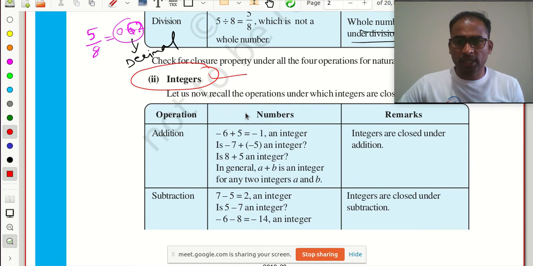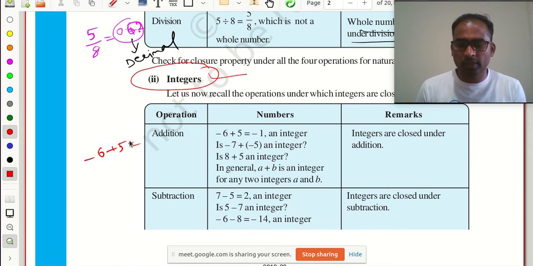So I need to check whether integers hold the closure property in addition, subtraction, multiplication and division. That we need to check now. So here I am having a number, initially minus 6. Minus 6 is an integer, and if I add another number, 5, which is also an integer, what is the result?